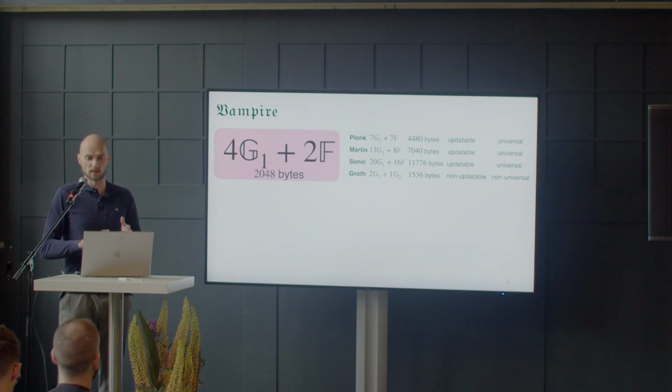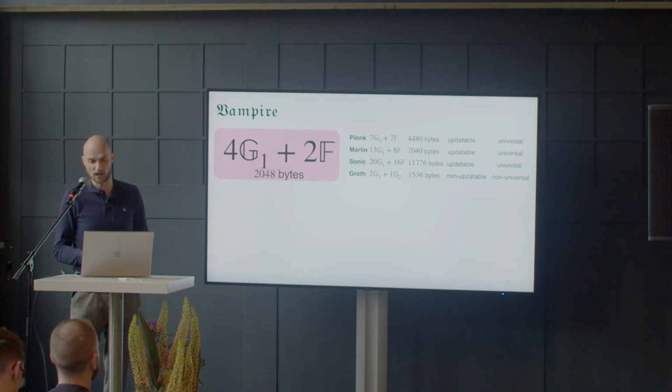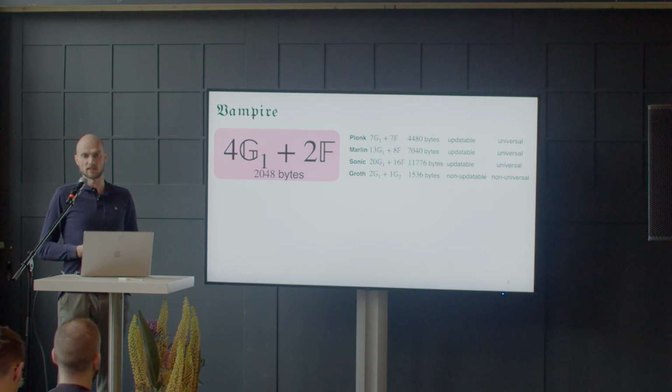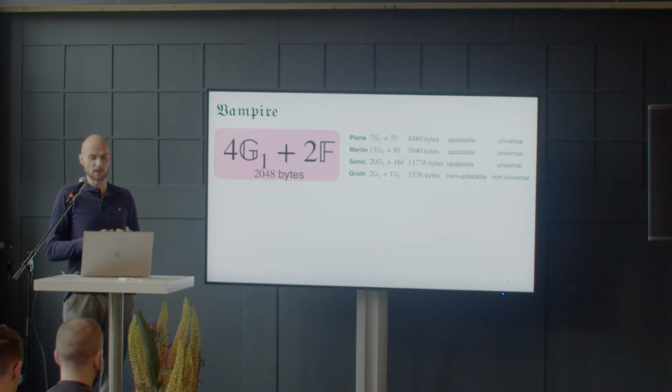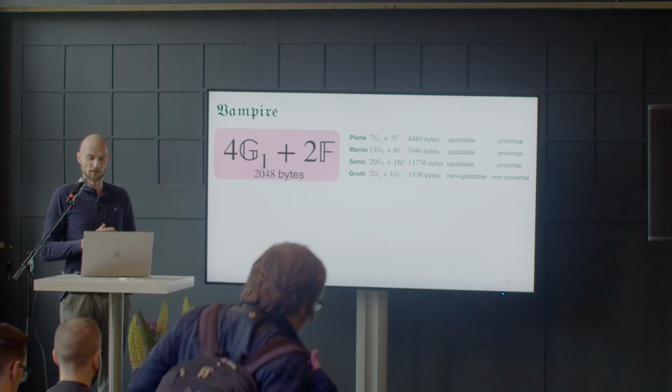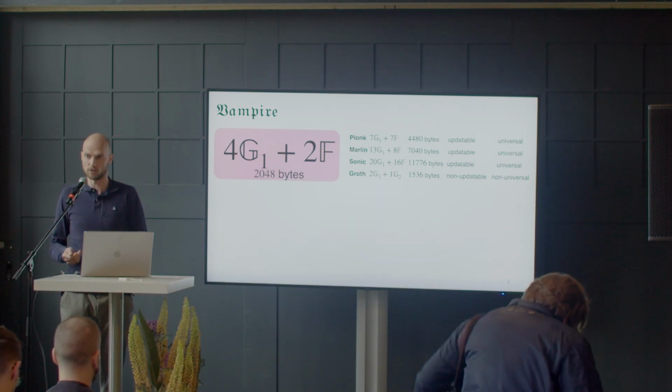An SRS that is generated needs to stay and cannot be changed. And Groth16 is also non-universal. That means that you need to have a separate SRS for every circuit you want to show.